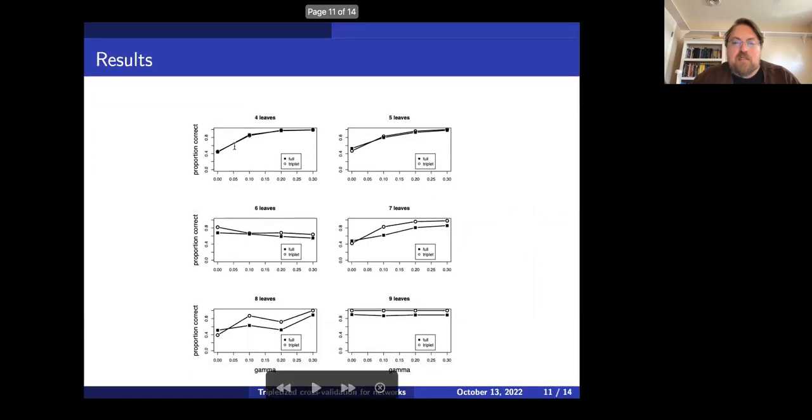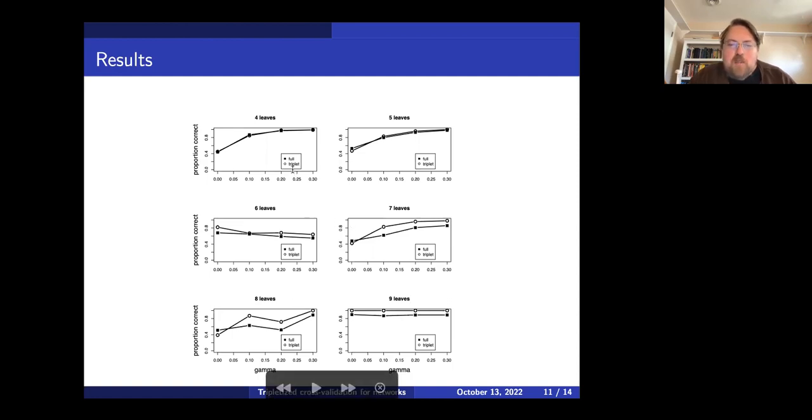All right, so that's the approach, and then for this network, we had between 4 and 9 leaves total. So 4 leaves means 2 descendants from the hybrid, 9 leaves means 7 descendants from the hybrid.